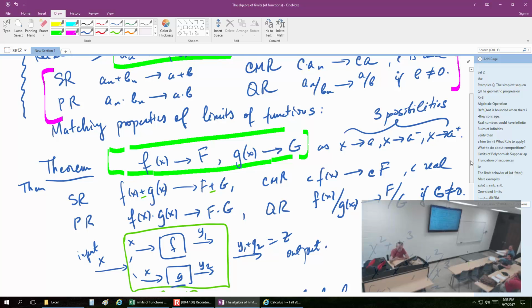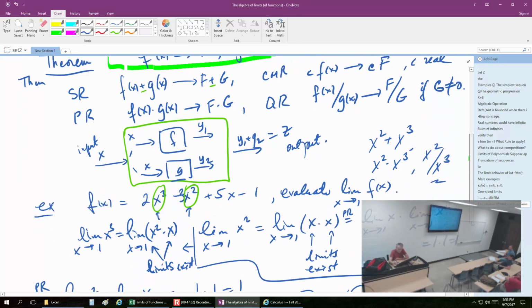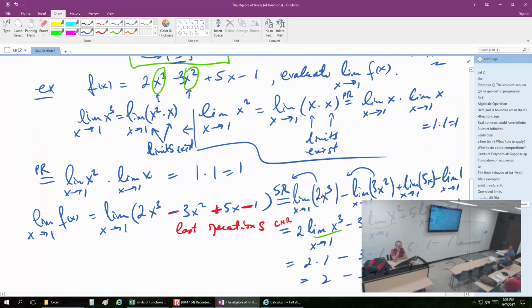And let me see what could go wrong in this computation. Not really much can go wrong here, because this is just one way of doing it. There are certainly a few others.